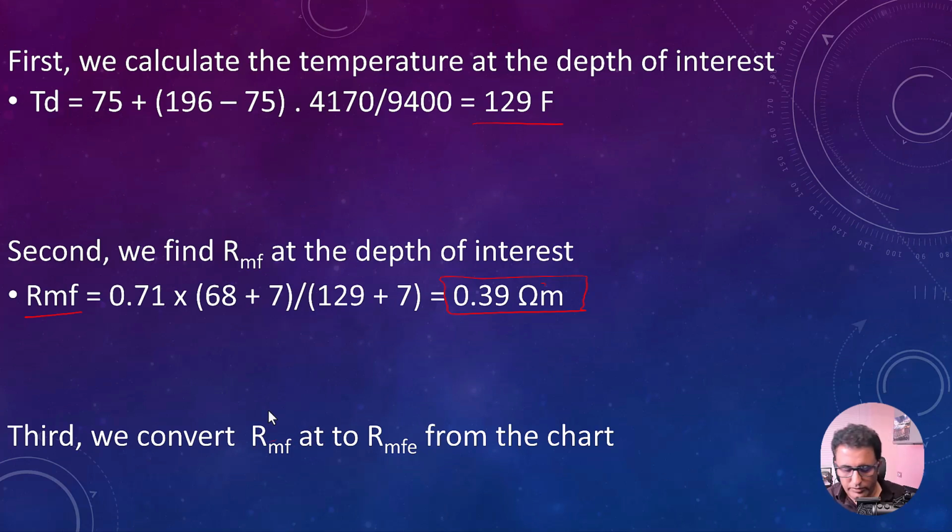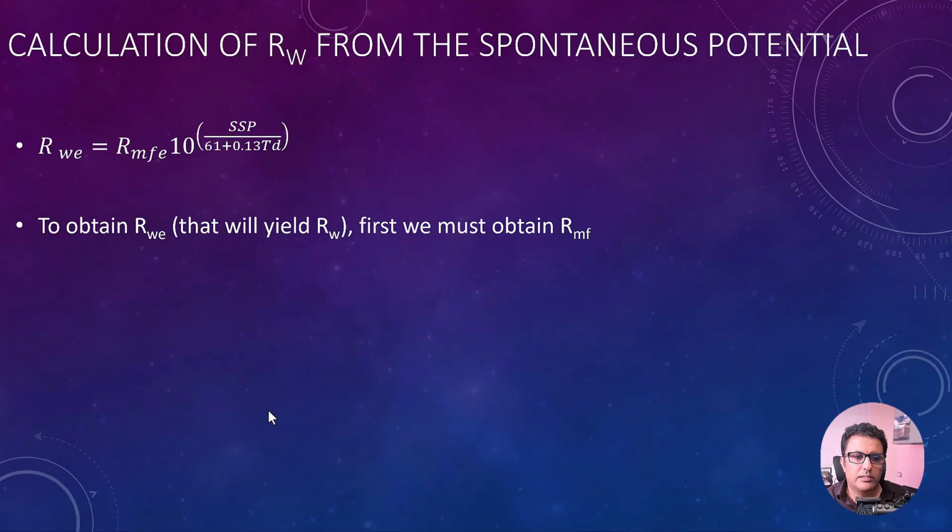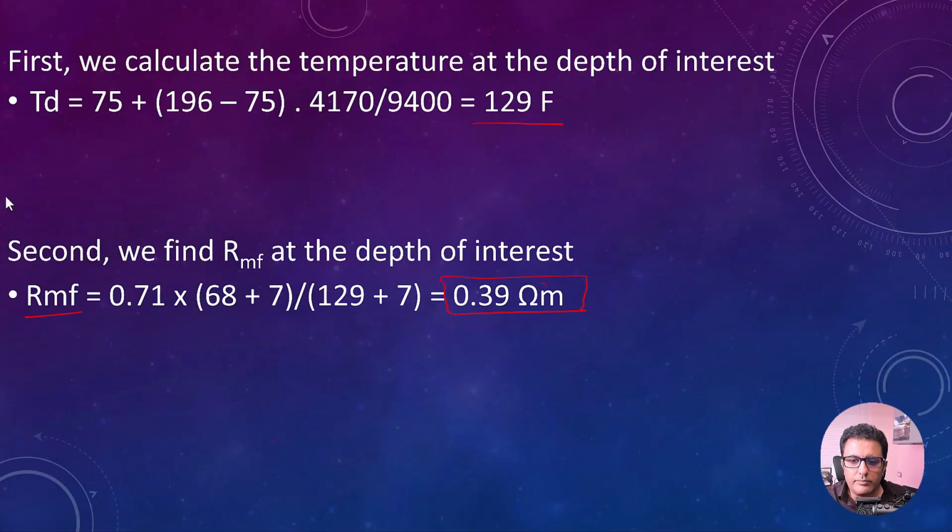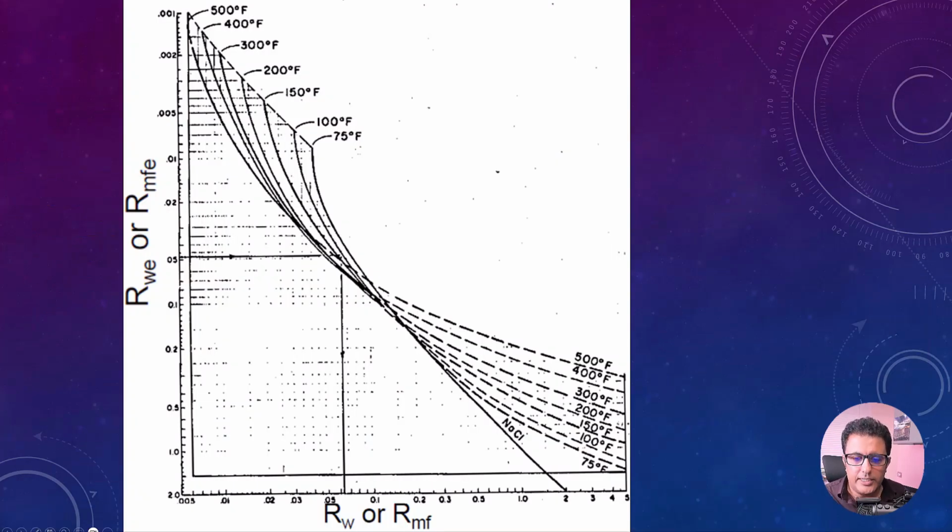And then now just consider that we want to measure RW. And as I mentioned before, just look at this equation. In order to calculate RW, we have to find RMFE to put it in the equation to calculate RWE. From RWE, we can estimate RW. So guys, we can use this chart to estimate the values of RWE or RMFE from the corresponding values of RW or RMF.